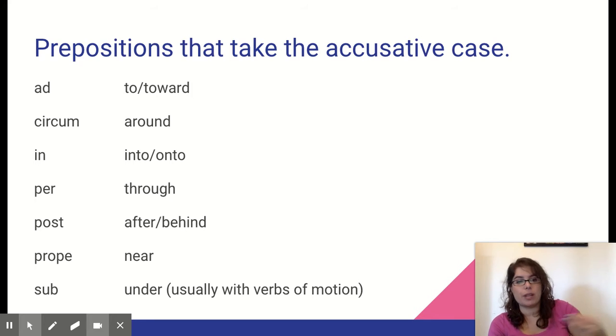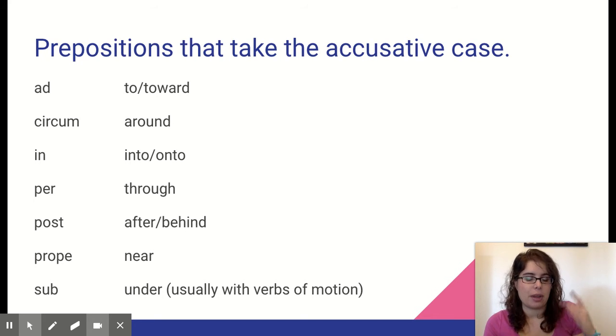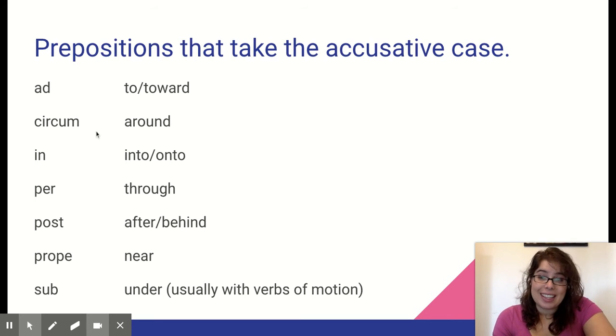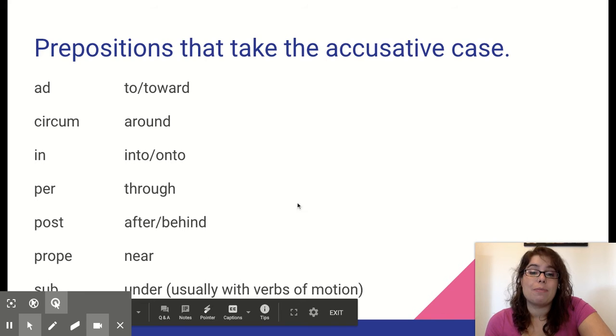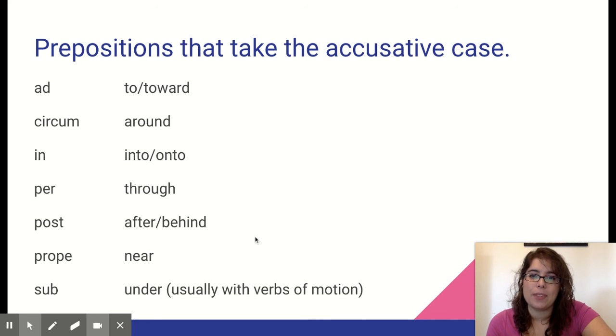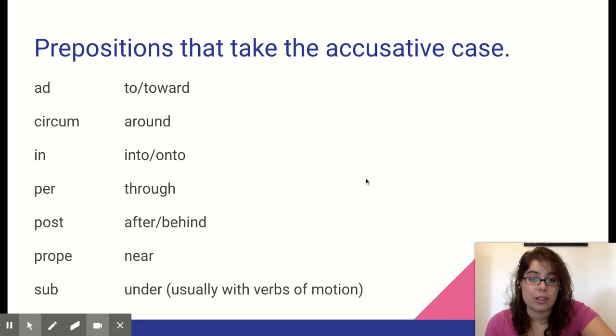So it's motion of movement underneath something in that sort of a sense. And it's a slightly different meaning when it takes the ablative. So again, there's more than this. These are just kind of the main ones we've been seeing in our stories and that we will be seeing in our stories. So these are the ones I would like you to focus on for the time being. And again, these are all of our prepositions that take the accusative case. So on the next page, we're going to see prepositions that take the ablative case.